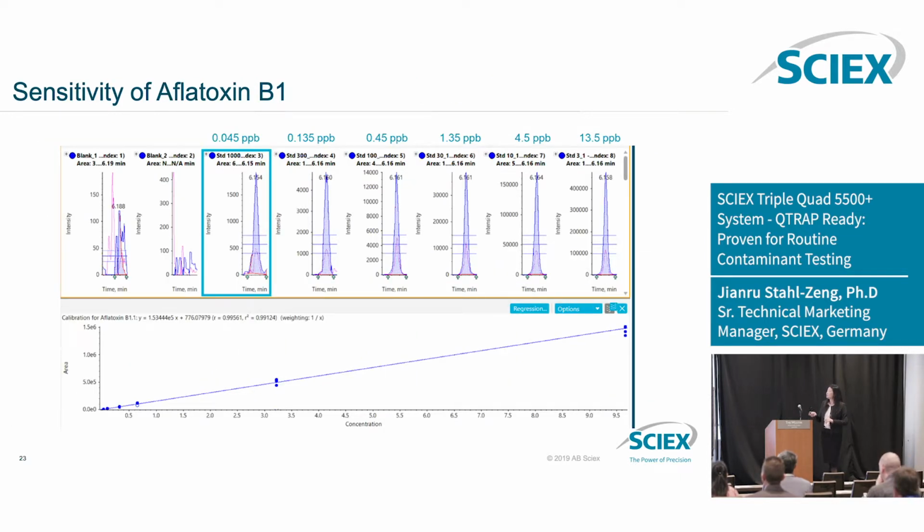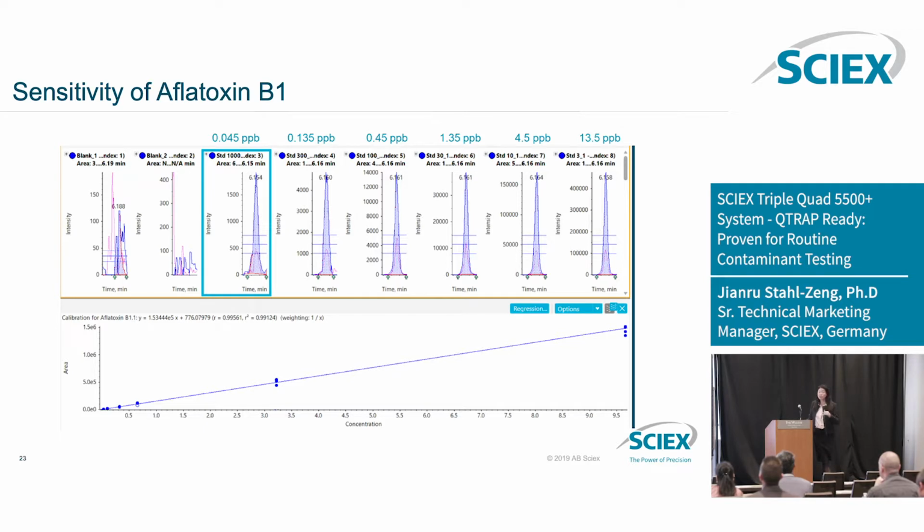You see the first 2 injections are blank, and the concentration starts from 0.045 ppb. All the samples were prepared by our customer. They provided us the samples. You can see the linearity and the sensitivity is quite nice.